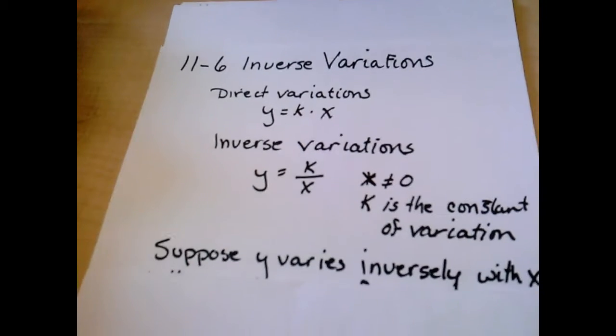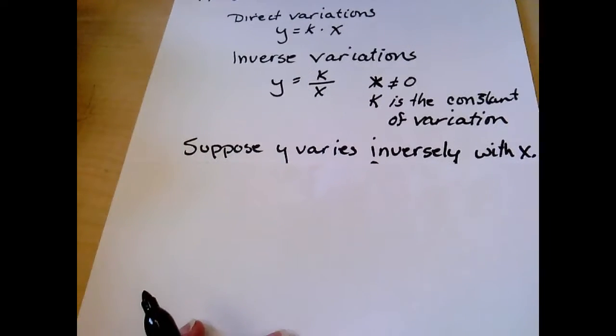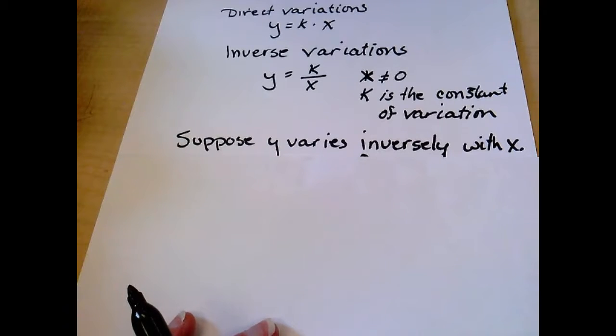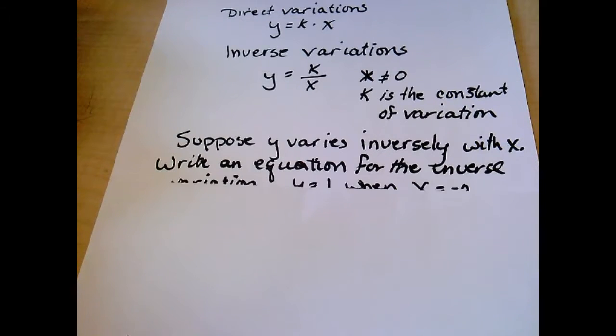In an example problem dealing with inverse variation, it will say suppose y varies inversely with x. Write an equation for the inverse variation. You're starting with y equals 1 when x equals -2.